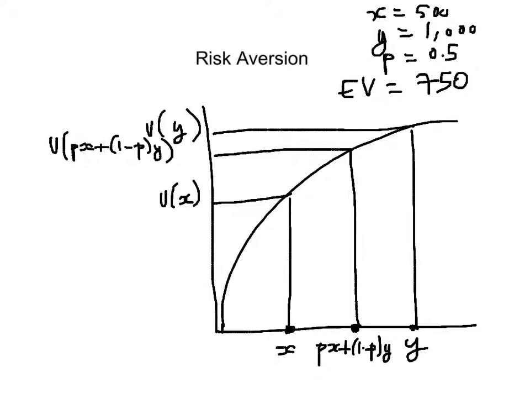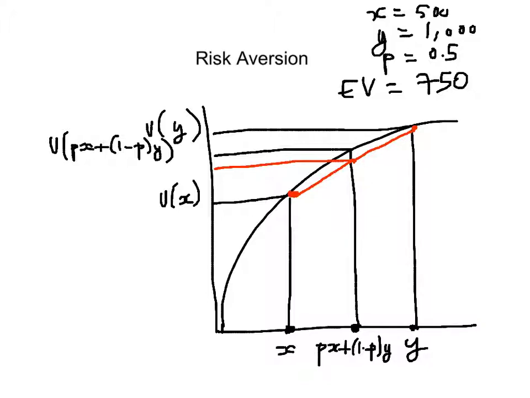In other words, I'm going to be somewhere on this line here, which is a linear combination of ux and uy. And specifically, the utility of taking on that gamble is going to be in the middle, right here, for P equal to 50%.